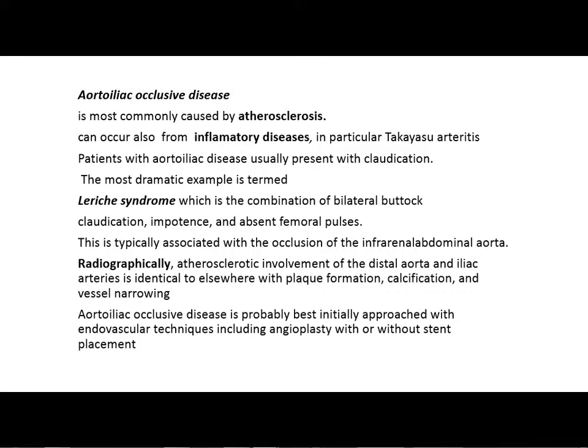Radiographically, atherosclerotic involvement of the distal aorta and iliac arteries is identical to elsewhere, with plaque formation, calcification, and visible narrowing. Aortoiliac occlusive disease is probably best initially approached with endovascular technique, including angioplasty with or without stent placement.